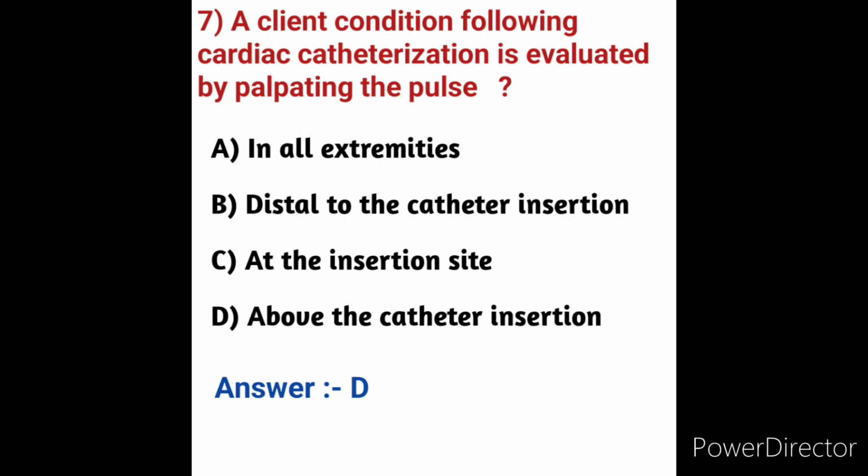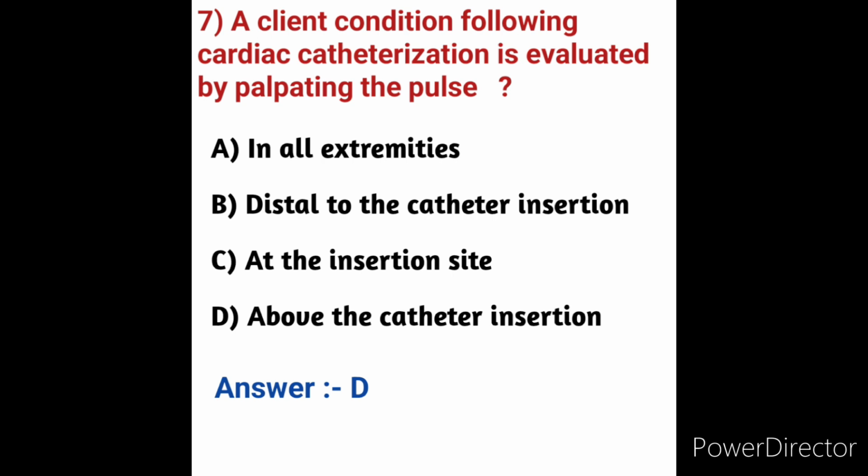But here additionally I will explain the role of the nurse. The nurse should check not only temperature but all of the vitals: respiration, pulse, temperature and BP. We have to check the vitals after cardiac catheterization, and we should check the pulse also, palpation of the distal pulse. Especially we have to monitor for any bleeding from the area of the cardiac catheterization, and capillary return to the limbs also.